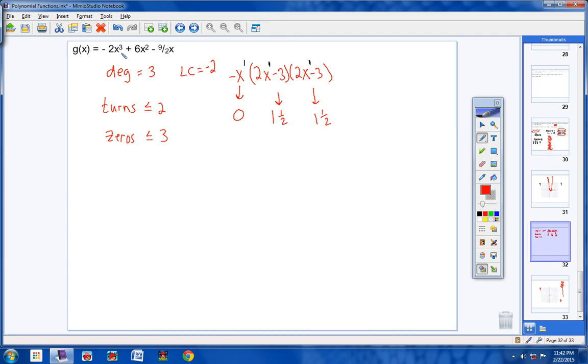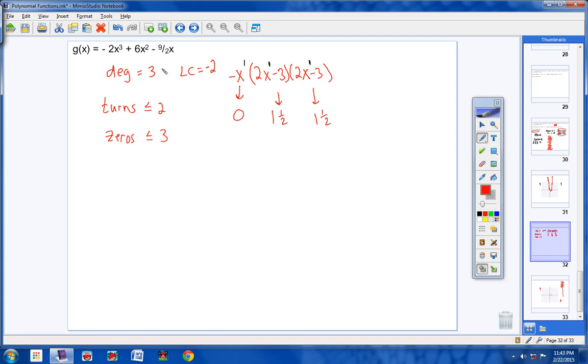And here we go. -2x^3 + 6x^2 - (9/2)x. So -2x to the 3rd plus 6x squared, then minus, in parentheses, 9 divided by 2. Close your parentheses and then put x, okay?